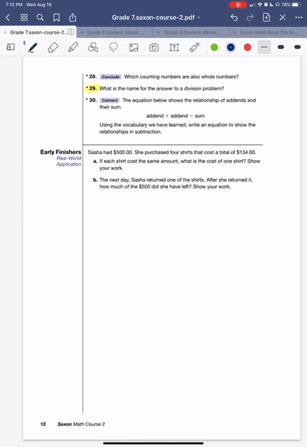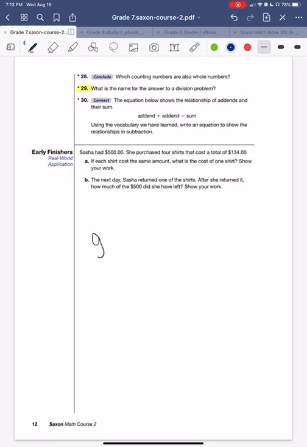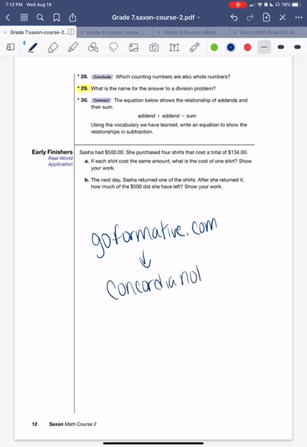Remember, you can visit goformative.com and log in with your Concordia NOLA email. You're going to sign in to Google, log in with your concordianola.com email using your email and password.